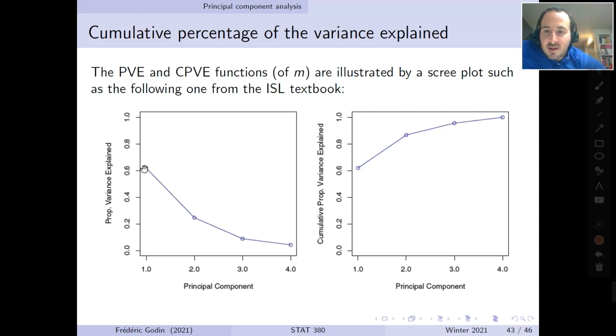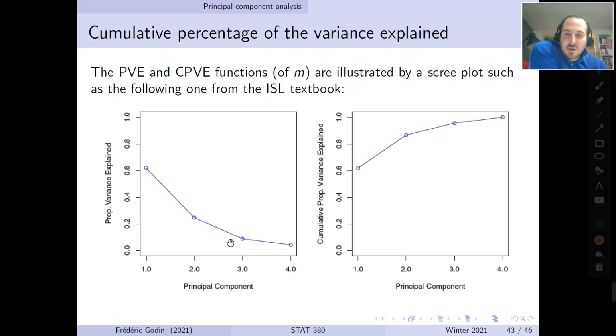So here, let's say we have that the first principal component explains 60% of the variance, the second one roughly 20%, the third one 10%, and after that this contribution, or this percentage, decreases as the index of the principal component increases.